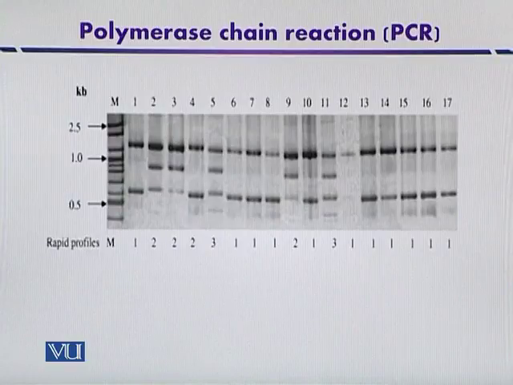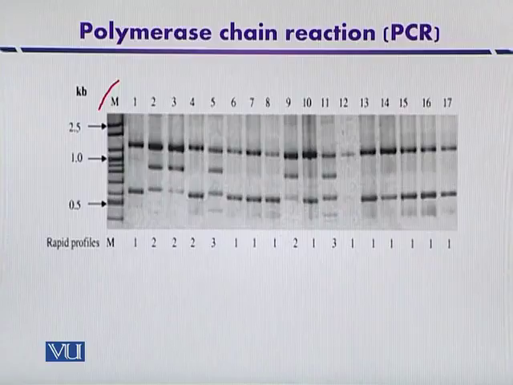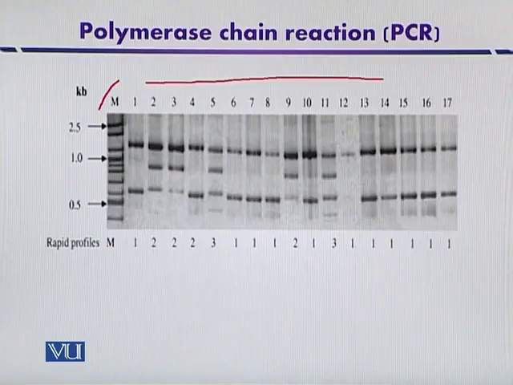Here the first lane indicates the marker in different nucleotide lengths like 2.5 kb, 1 kb or 0.5 kb, and these are different lanes on the upper side that represent different microbial samples. The fragment pattern will indicate whether these strains of microbes are related to each other or not.